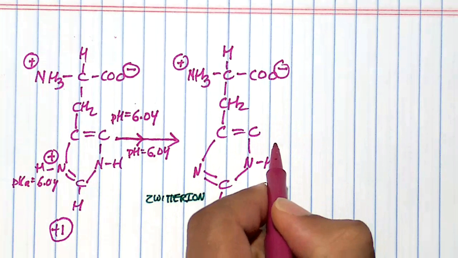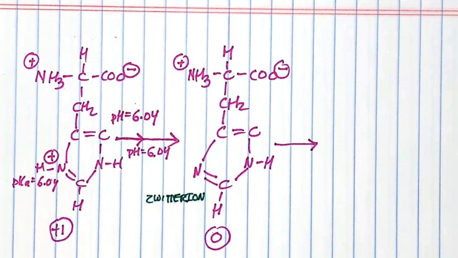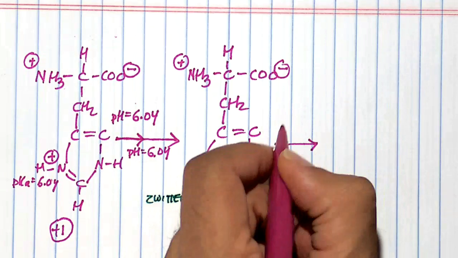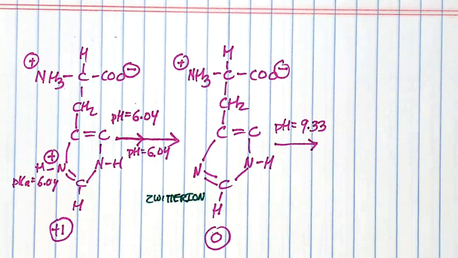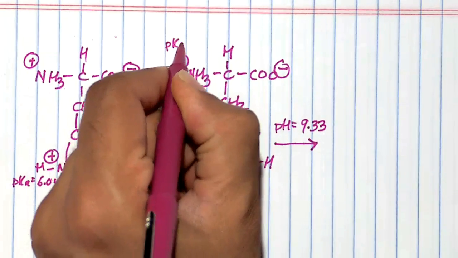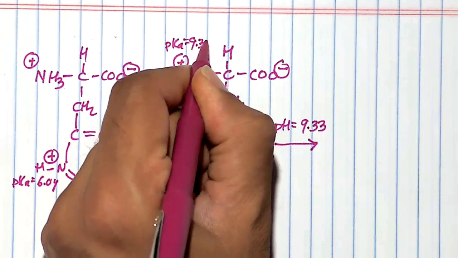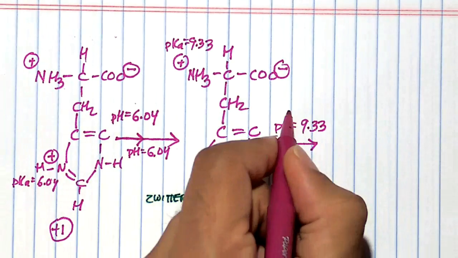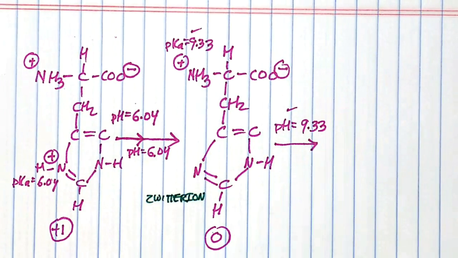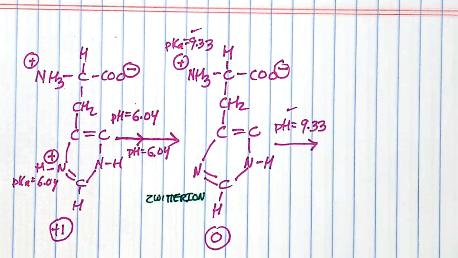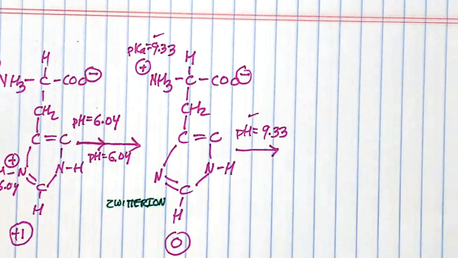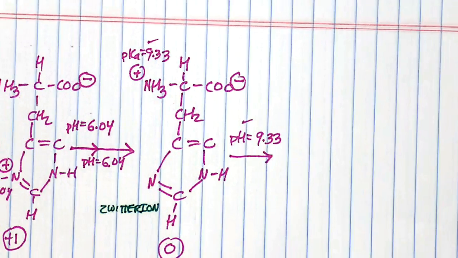Well, looking at your flashcards, we know that if we hit a pH of 9.33, we match the pKa of the alpha amino group. So this will start to come off at a pH of 9.33 because it matches the pKa of that amino proton, and we'll start to get this structure here.